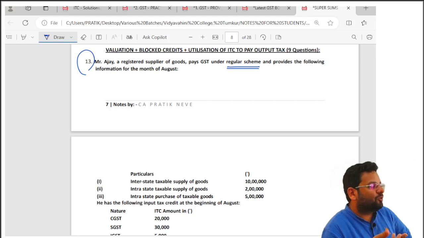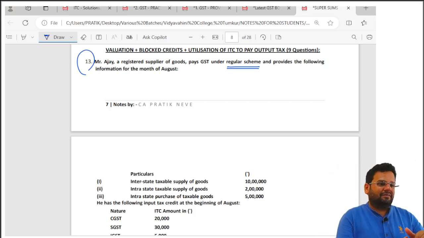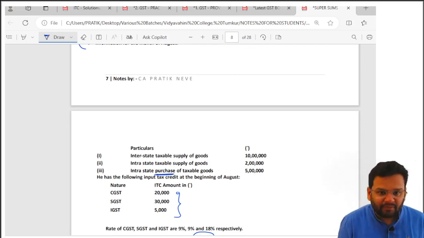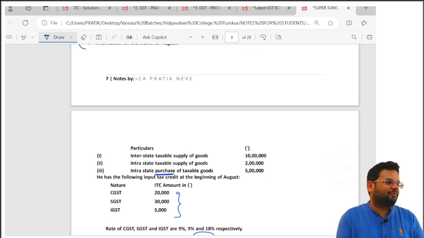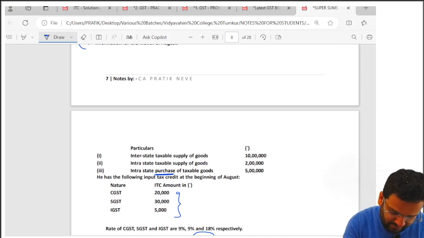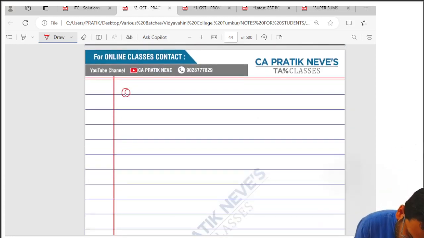So it is going to be output tax minus input tax credit. But ITC you have opening balance also and you have purchase also. So we will have to find out overall ITC for the month. So go ahead and write down question number 13, super sums.